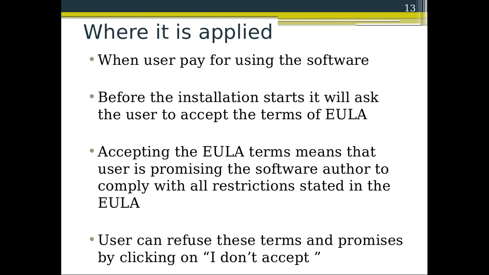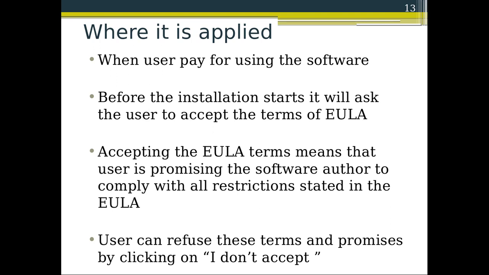This EULA, this software license, is applied when the user pays for using the software. If you download the software, for example, the owner of that software requests a payment process before using it. In that case, it should be applied. Before the installation starts, it will ask the user to accept the terms of the EULA.